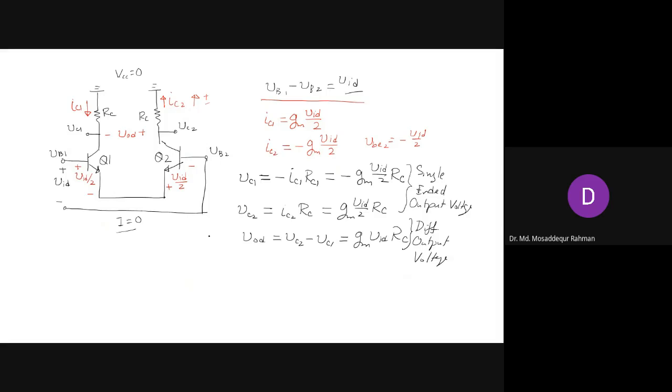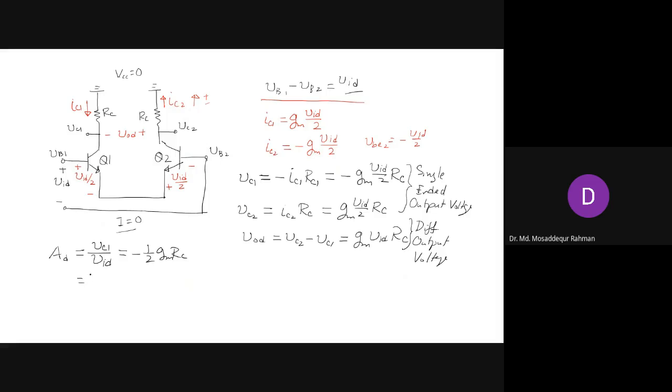Once you have determined the voltages, you can now determine the differential gain, for the differential output or single-ended. Start with the single-ended: VC1 by VID. That's the first expression here, and that will be minus half GM RC.